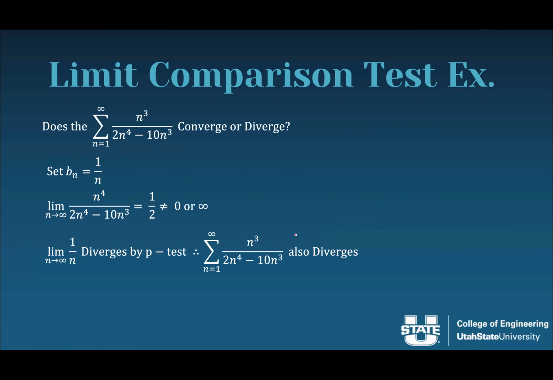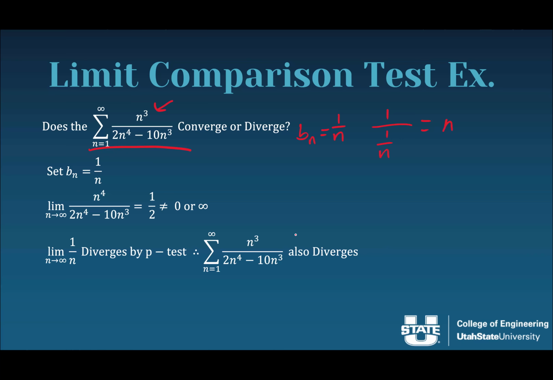Pretend you can't see the answer. So looking at this series right here, what I want is to set a b sub n so that this top part right here is also to the 4th. Okay, so I can take a really easy limit. So if I set my b sub n equal to 1/n, that means that when I divide by 1/n, I just get n, right?